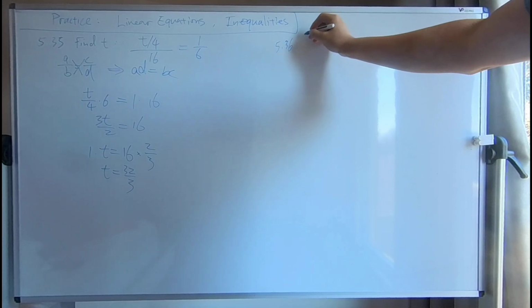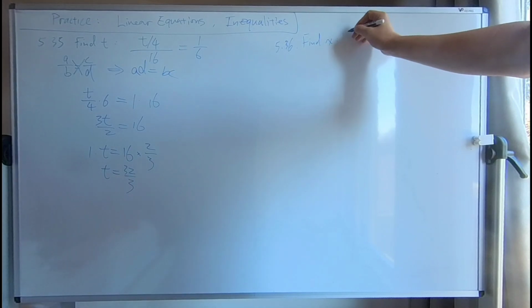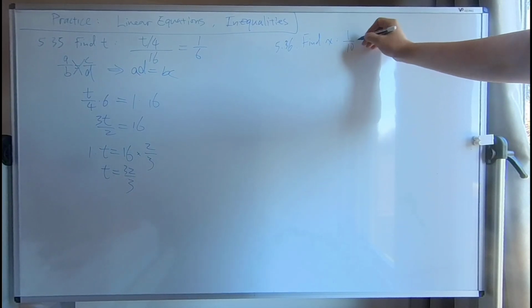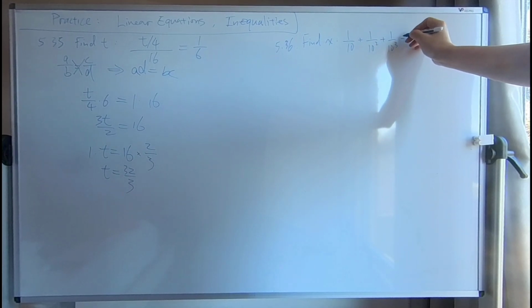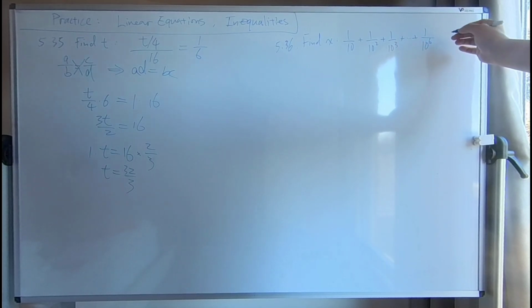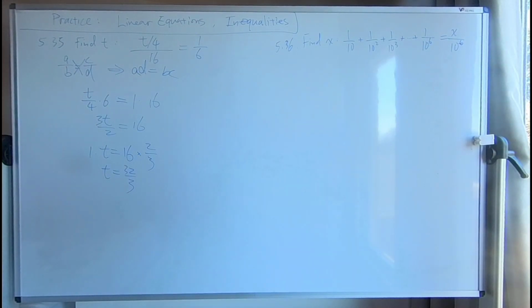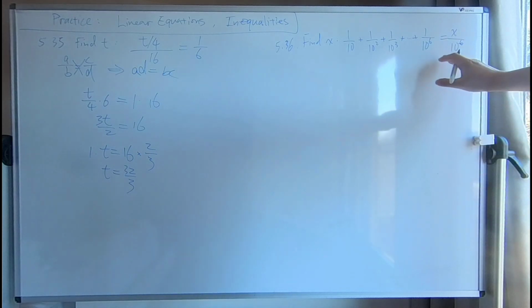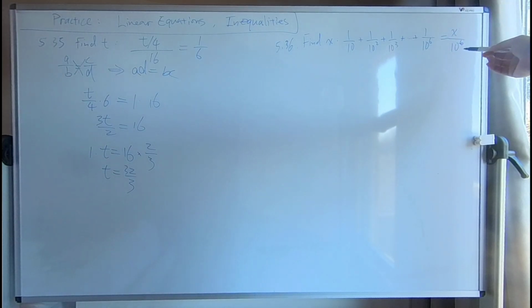Okay, next question, find the unknown variable x from 1 over 10 plus 1 over 10 squared plus 1 over 10 cubed and so on up to plus 1 over 10 to the 6th power equals x over 10 to 6. In this equation, we can first find where x is. x only appears once, on the right-hand side, as x over 10 to the 6th power.